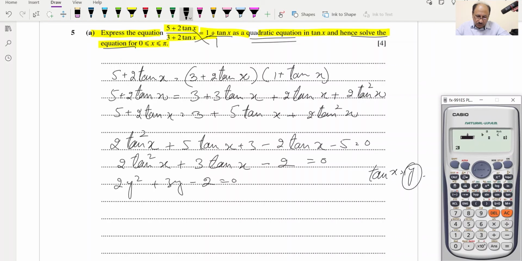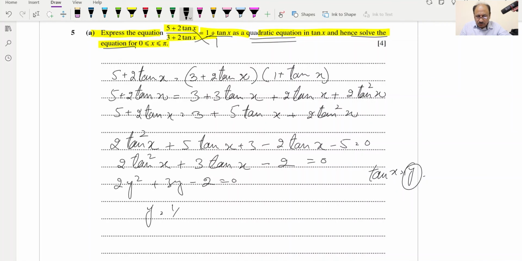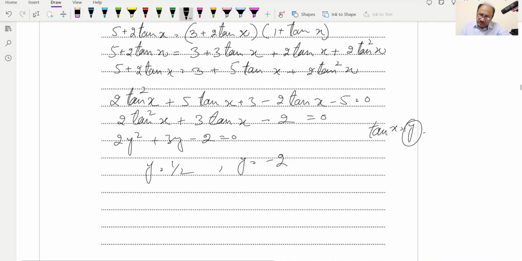So the coefficient of y square is 2, coefficient of y is 3, and the constant value is minus 2, and this is giving us 1 by 2 and minus 2. So y is equal to 1 by 2 and y is equal to minus 2. Now we can replace y with tan x again, so tan x is equal to 1 by 2 and tan x is equal to minus 2.